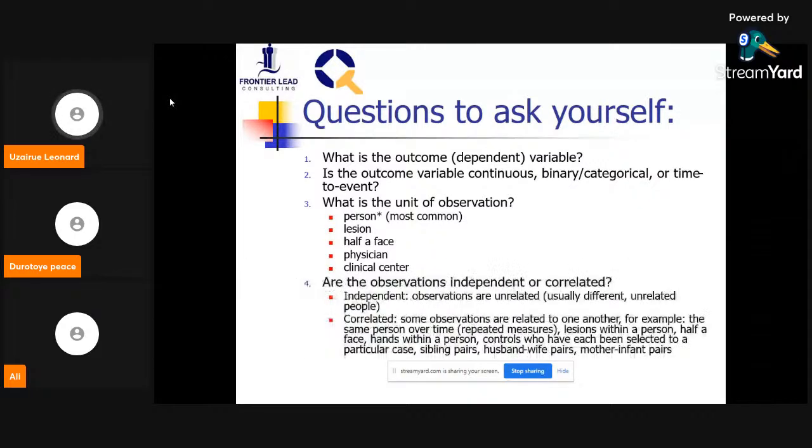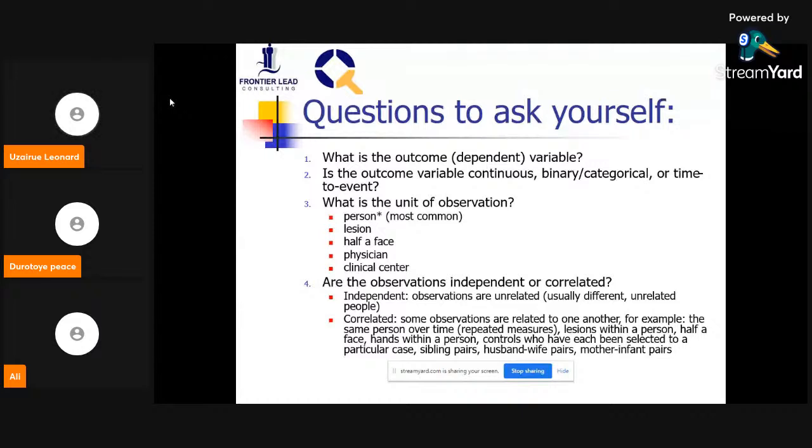Then the next thing that you also have to look at is, are the observations independent or correlated? When the observation is independent, we are talking about observations that are not related to each other. But when we are talking about a correlated observation, we are talking about observations that have a relationship between one outcome and the other.